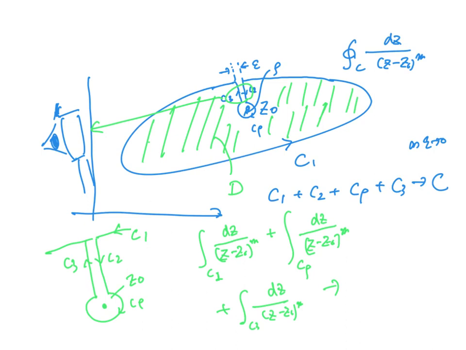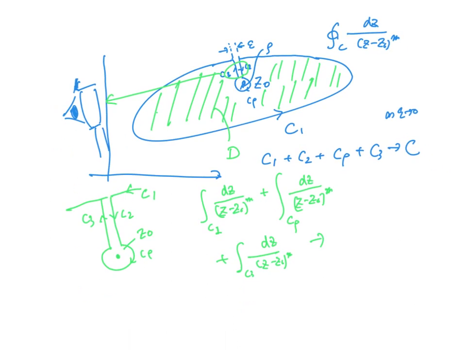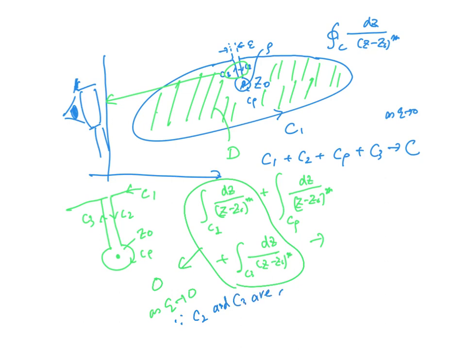C2 is coming down, C3 is coming up. So they are in opposite directions, right? So what happened? Their contributions cancel, going to 0 as epsilon goes to 0, because C2 and C3 are opposite.